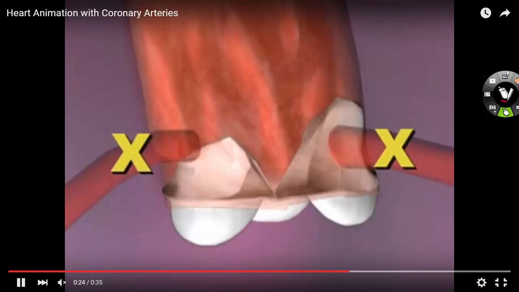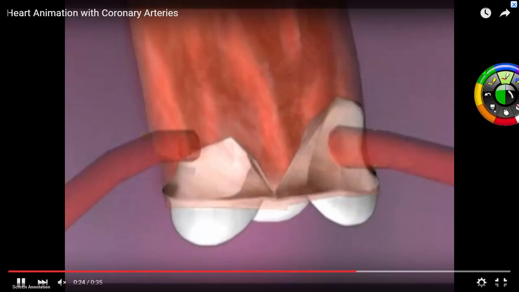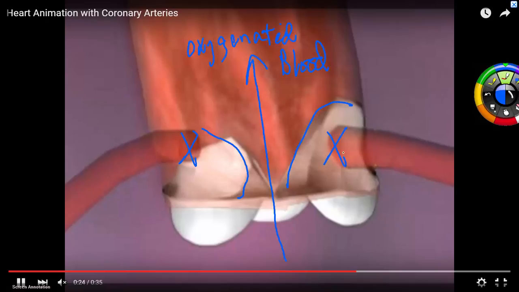And when the aortic valve is opened from the left ventricle contracting, it's going to send oxygenated blood to the cells of the body. But as you can see, the leaflets of the aortic valve block the openings to the coronary arteries.